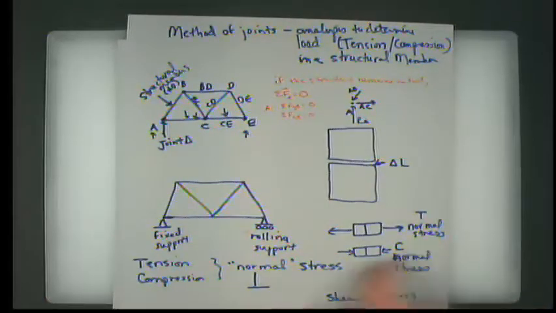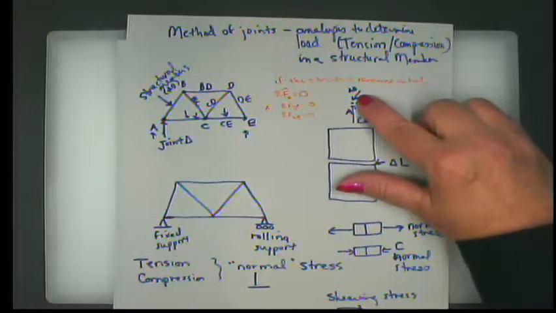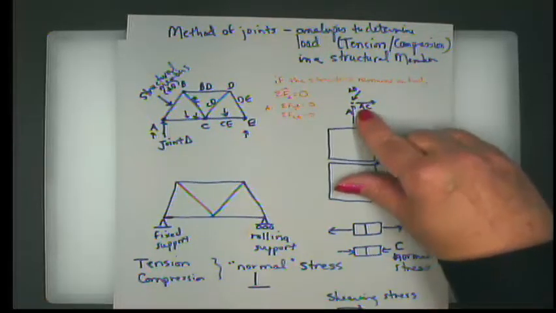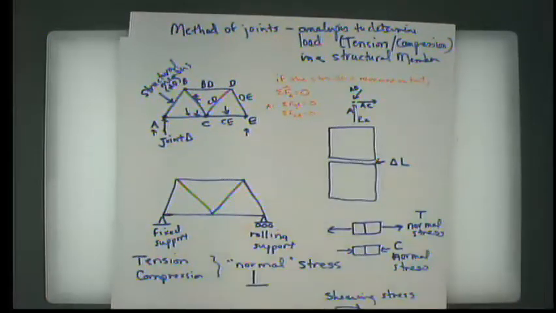The next piece is that because they are normal forces, and this is another thing that may or may not be apparent, the force in AB has to be directed along AB. The force in AC has to be directed along AC, because that's what the structural element does: it bears a force along its length.